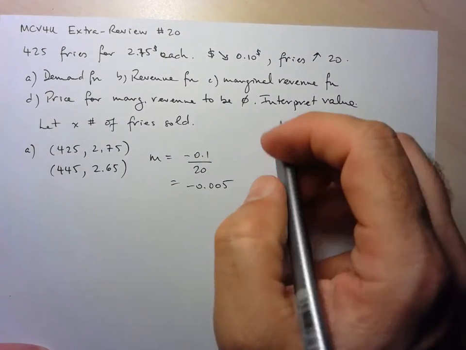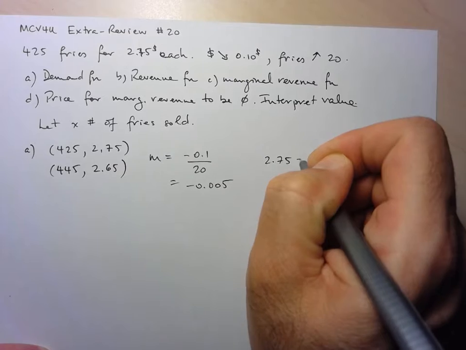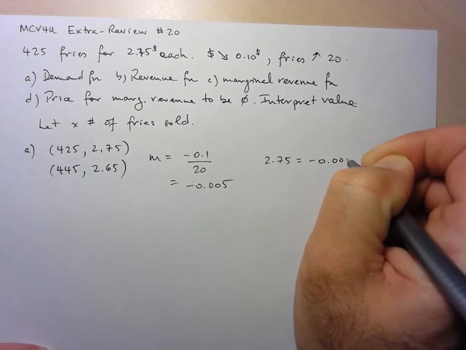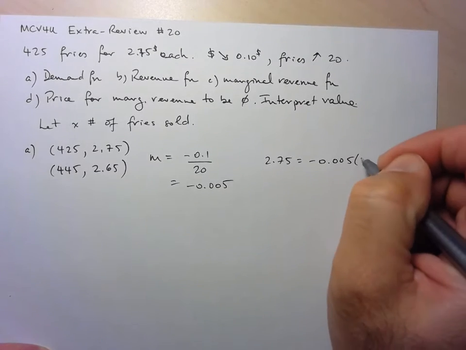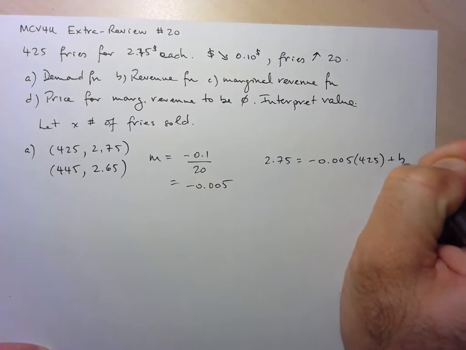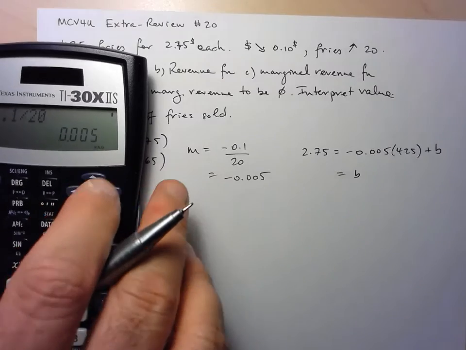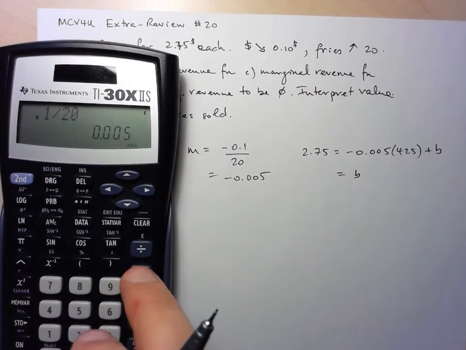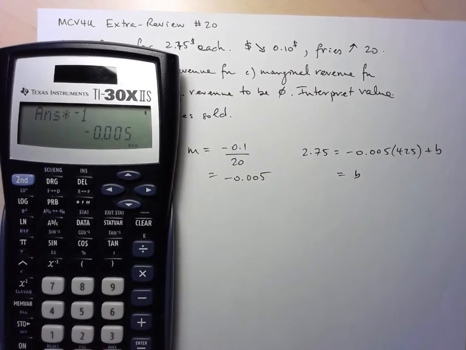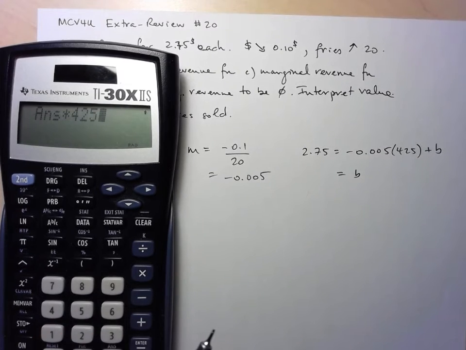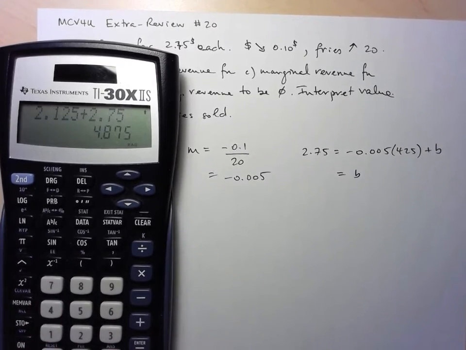So here when y is 2.75, the slope is negative 0.005 times the x value 425 plus b. So b is just equal to, let me take that, multiply it by negative 1, so multiply by 425. Okay, so here we're going to do 2.125, bring that to the other side of the equation, plus 2.75, and we have 4.875.